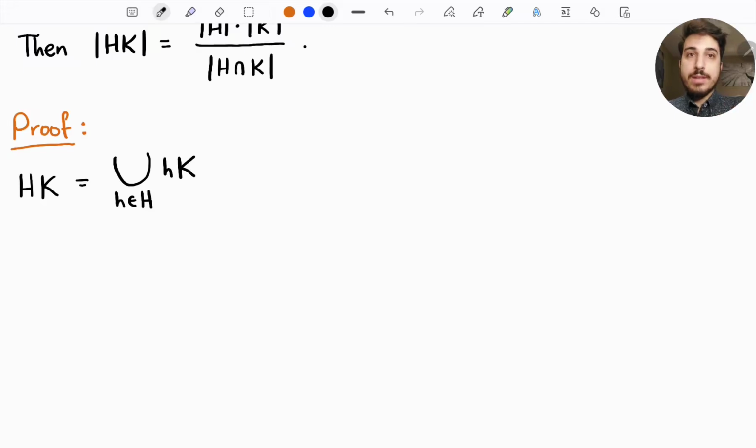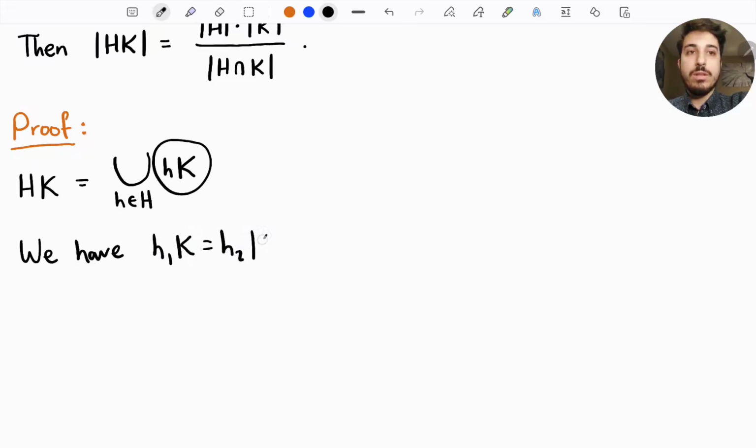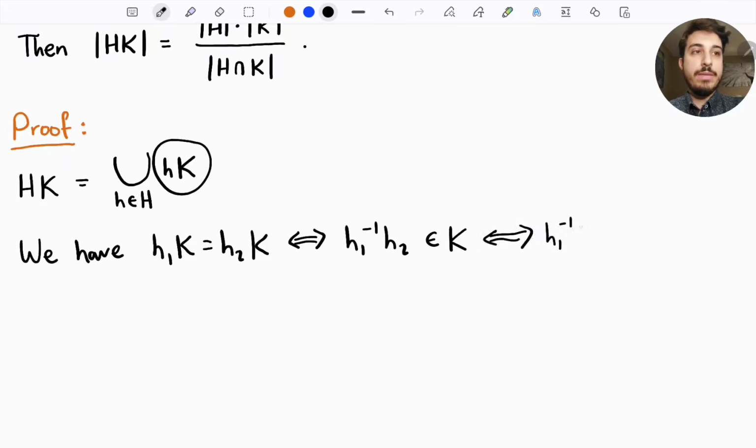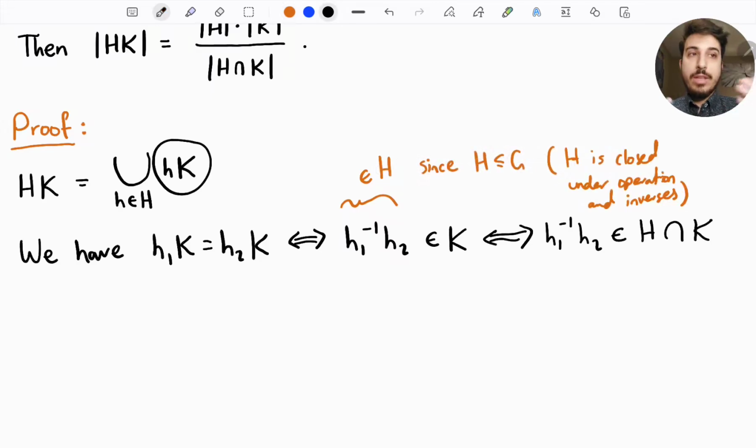Writing it in this way gives us the liberty to write it in terms of cosets of K. So we have that two cosets h1K and h2K are equal if and only if h1 inverse h2 is an element in K, as you already know from the cosets lesson, and this is if and only if h1 inverse h2 is in the intersection of H and K. This is true because we already know that h1 inverse h2 is an element in H, since H is a subgroup of G. So we have that these two cosets are equal if and only if this element is in the intersection.